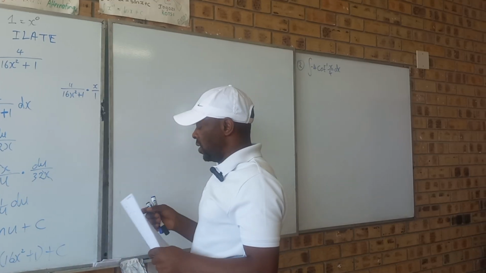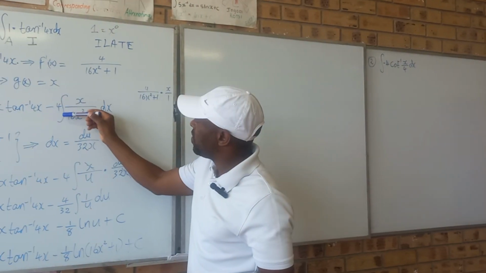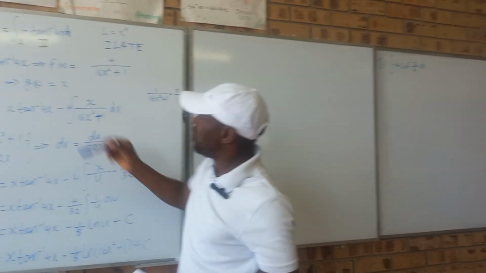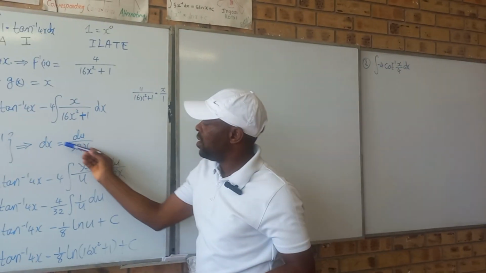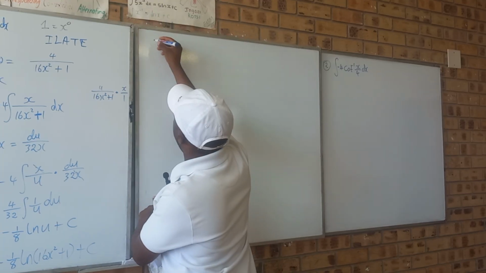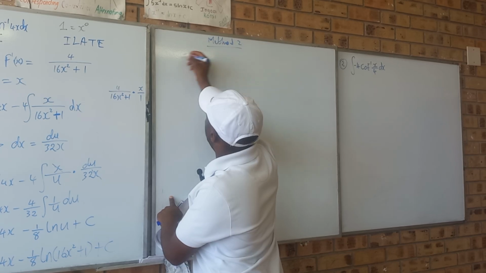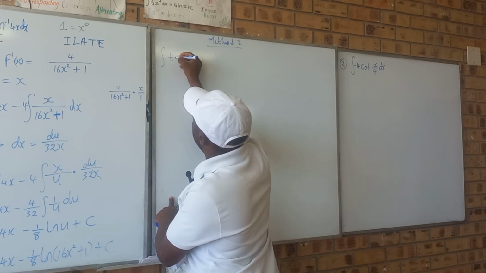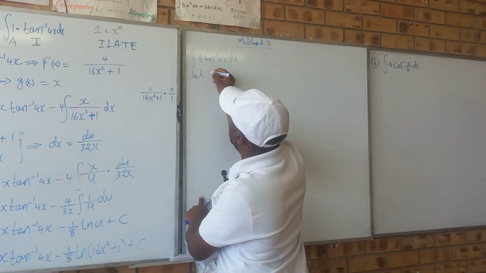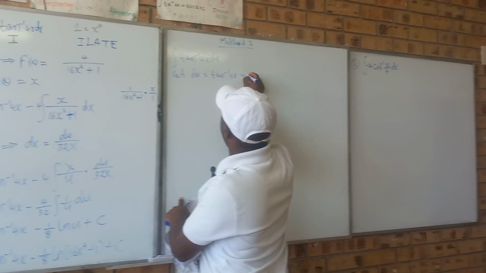So method 2 is simply exploiting a formula that we will use for integration by parts. So with method 2, I will just copy everything the way it is until I reach here; in the place of integration by parts, I will show you a simple formula from page 4 of your formula sheet. So with method number 2, I'm integrating arc tan 4x. I'll say let my f of x be arc tan 4x as we've done before.